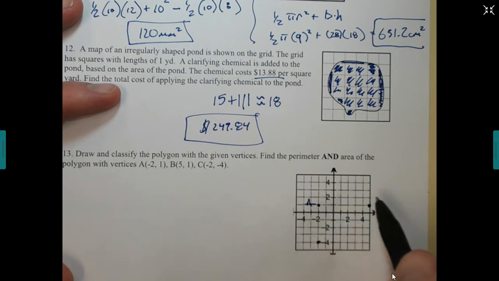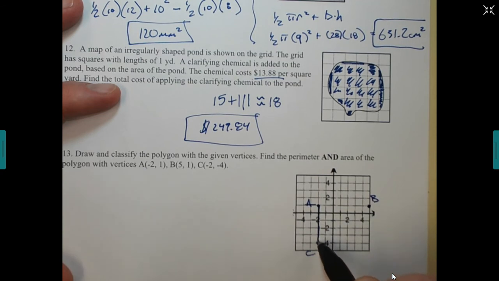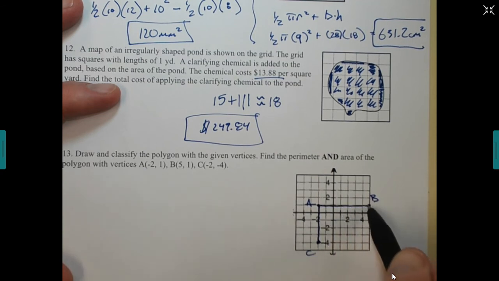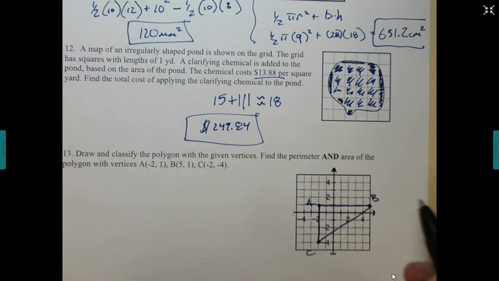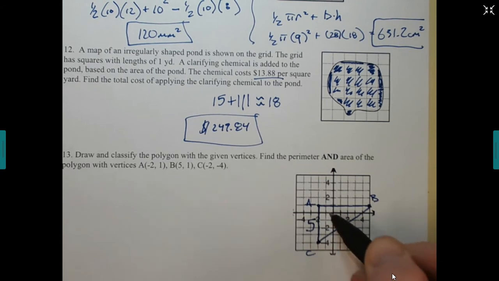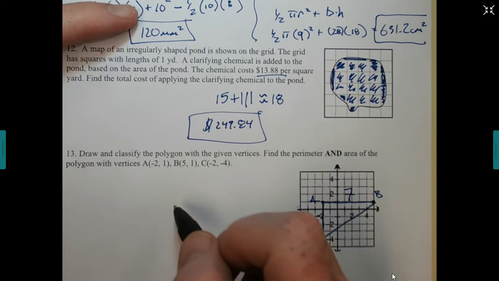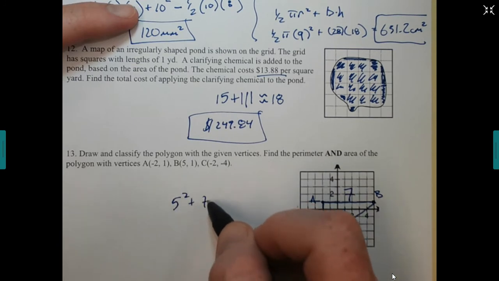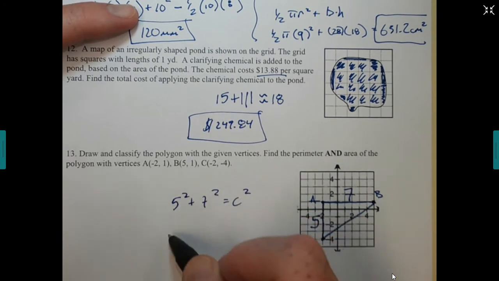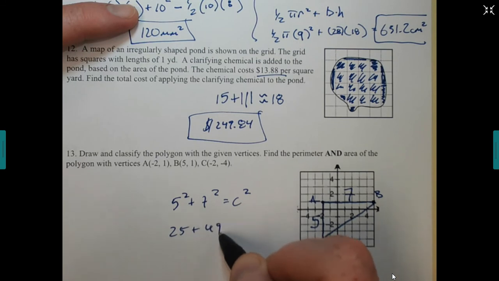So I got A, B, C. I got those two measurements pretty easily, and then I use Pythagorean theorem to find the third one. So I got 5 units here, 7 units there, and little Pythagorean theorem.